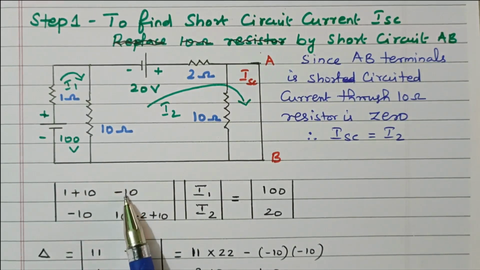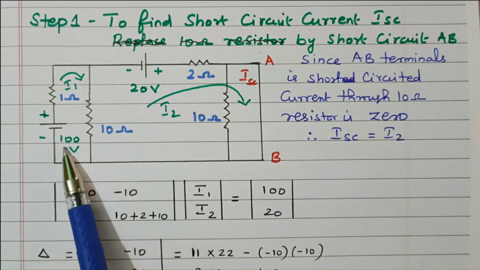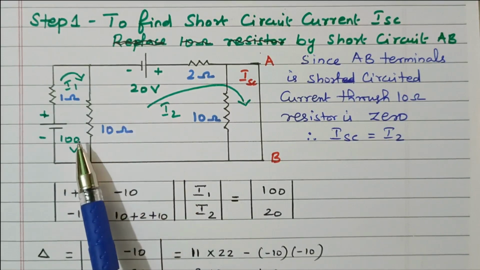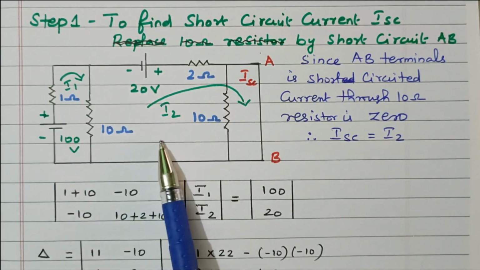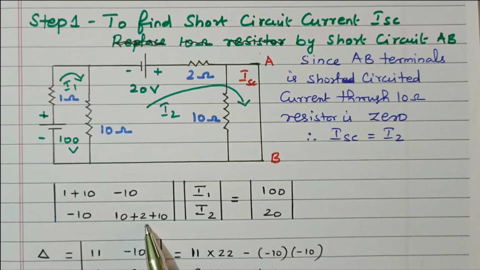R12 and R21 are the resistance common to loop 1 and loop 2. This 10 ohm is in both loops, so it is written as negative, since all elements other than the diagonal are negative: minus 10 for both R12 and R21.